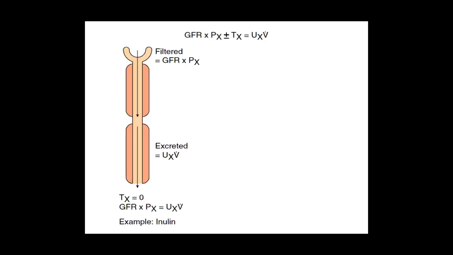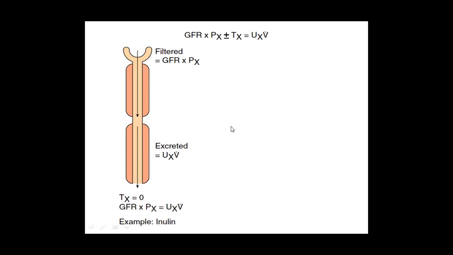This is an example where the amount which is filtered, that is PxGFR, and that amount is excreted, that is UxV, where there is no transport, nil transport. The substance is neither reabsorbed nor secreted. So Tx is 0. So PxGFR is equal to UxV.